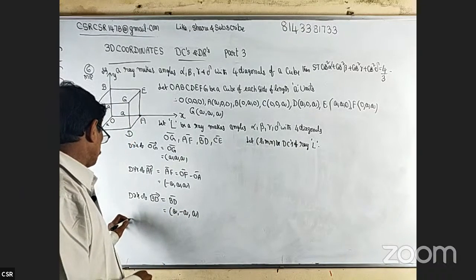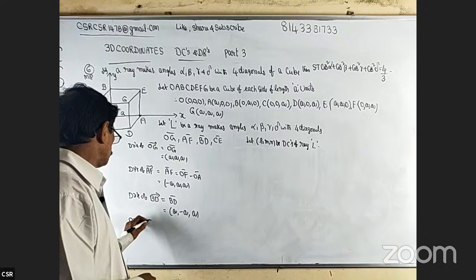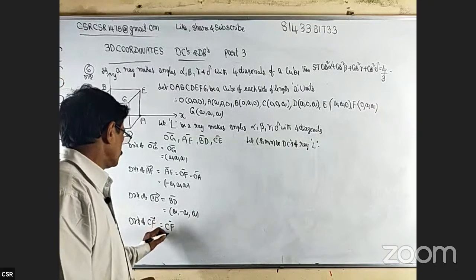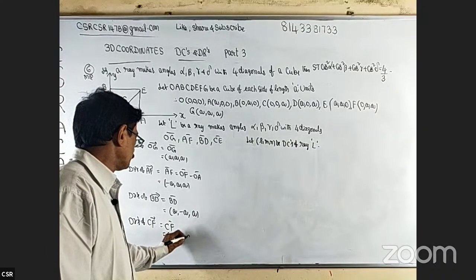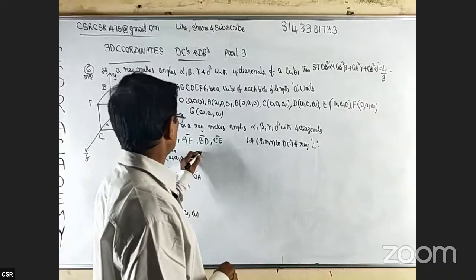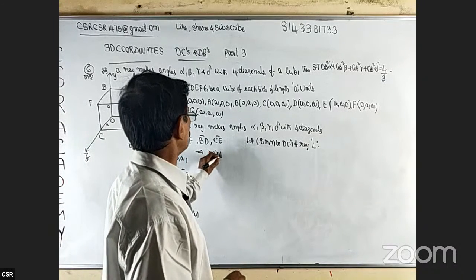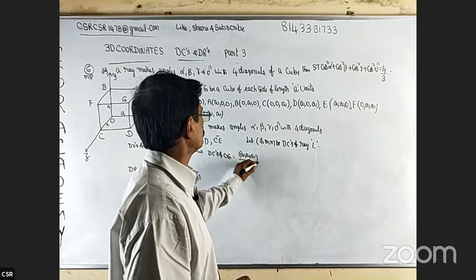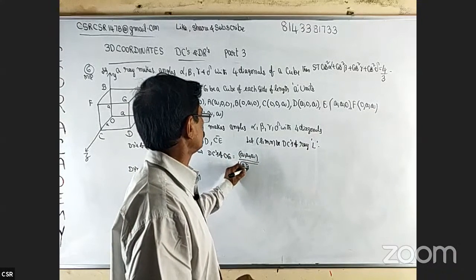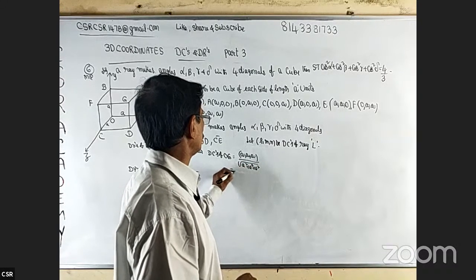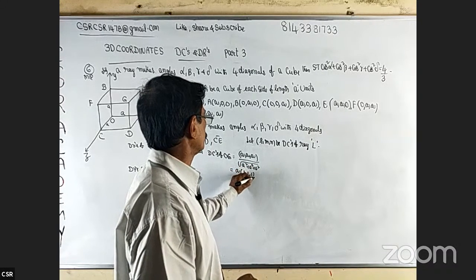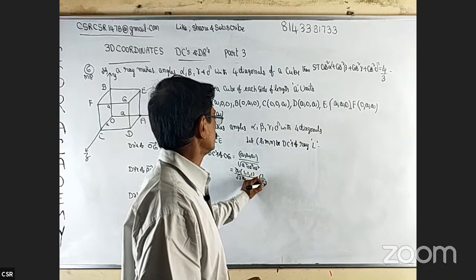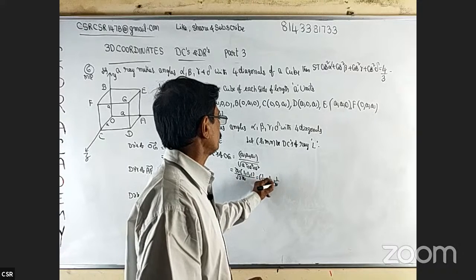Next, the direction ratios of CF are CF bar, A, A, minus A. Now this implies the direction cosines of OG are that vector divided by the square root of this one square plus this one square plus this one square. A common, 1 by root 3A. That means 1 by root 3, 1 by root 3, 1 by root 3.